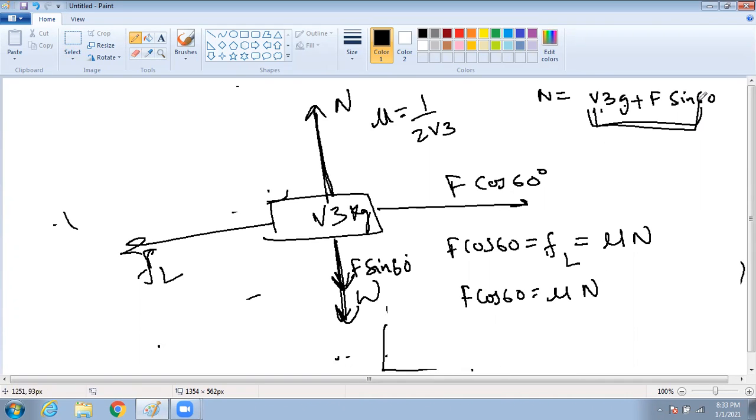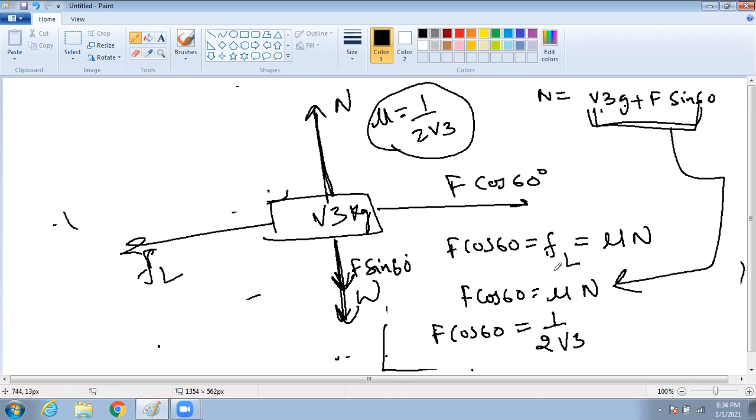Now you know N is this much, so just put the value of N here. So your F cos 60 equals 1 by 2 root 3, since mu is 1 by 2 root 3, into root 3G plus F sine 60. Just normal calculation.